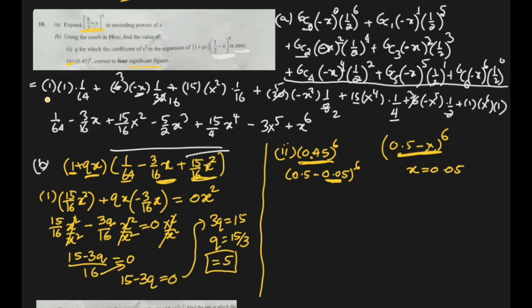So that means in this expansion which we had earlier in 10a, we'll just substitute x equal to 0.05 and we'll get it. So that was the first term.